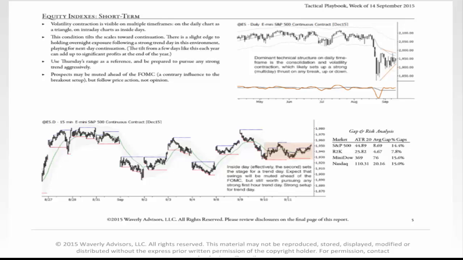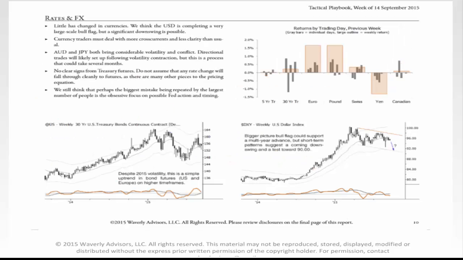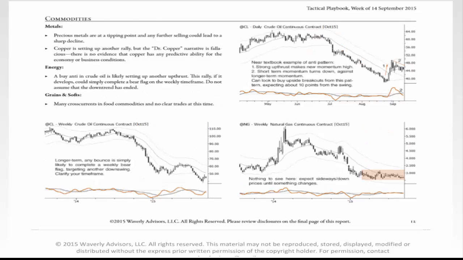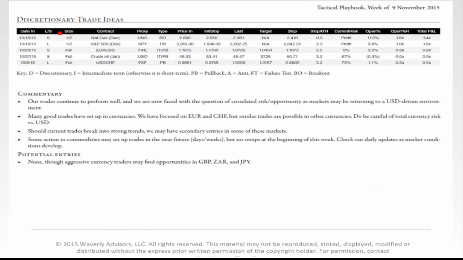We cover, here's a rates and currency page, commodities. This is an example of how we publish discretionary trades, and these are discretionary trades that we have on. We give precise entry points, stop levels, targets, and over the period of time that we've been publishing for 6 years, we've made significant money every year for our clients, and I'm very pleased with the performance of these trades.